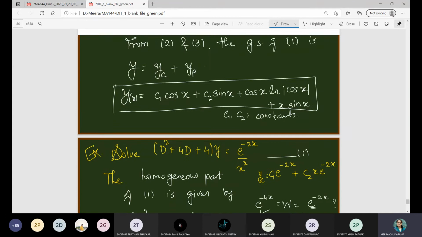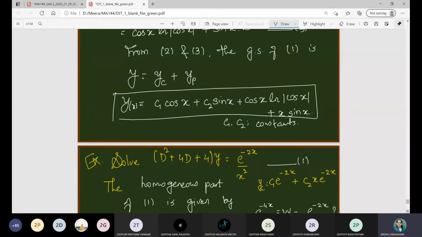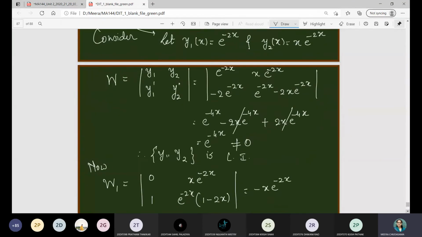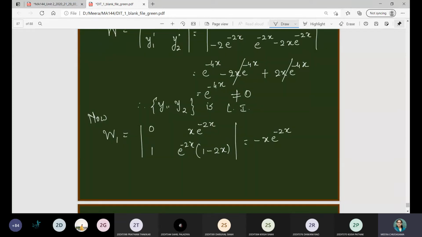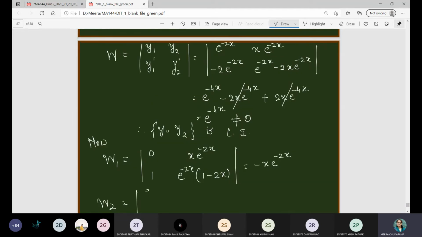It is with the positive sign or negative sign? Negative sign, ma'am. Yes. So this is 0 and minus, yes. And W2 will be with e raised to minus 2x, minus 2 e raised to minus 2x, and 0 and 1. So this is e raised to minus 2x minus 0. So that is what the W2, right?